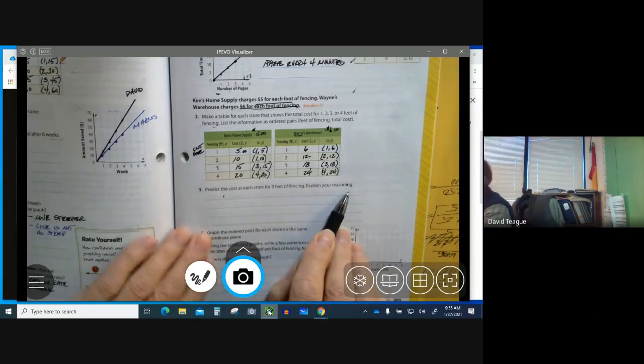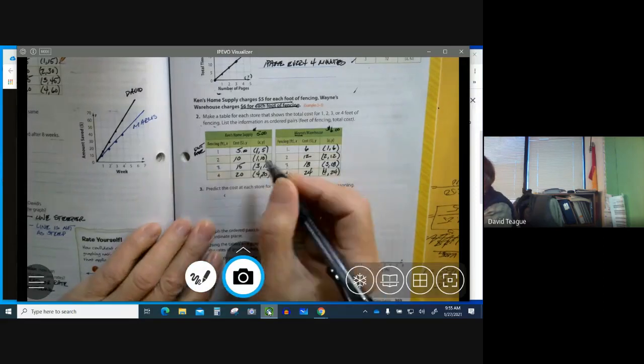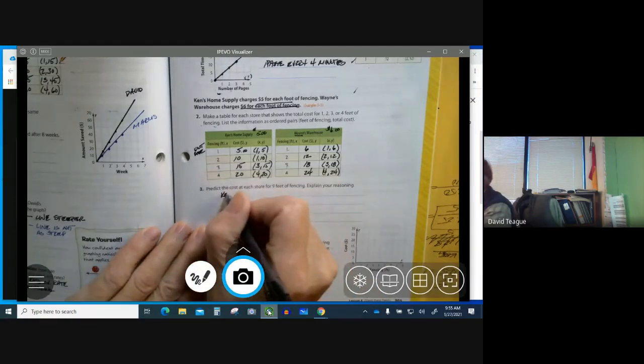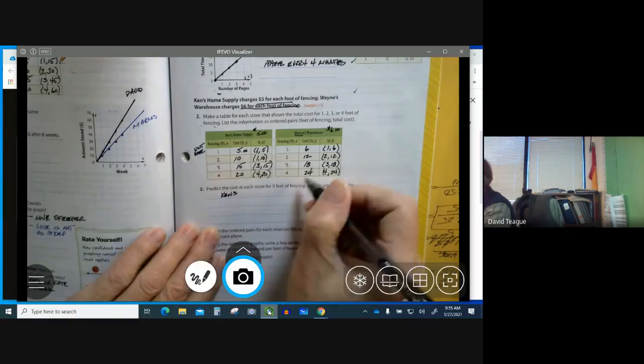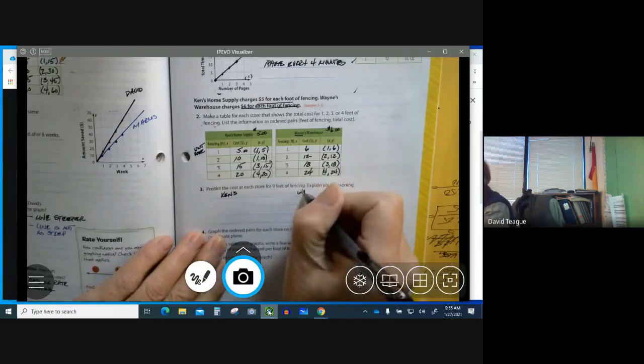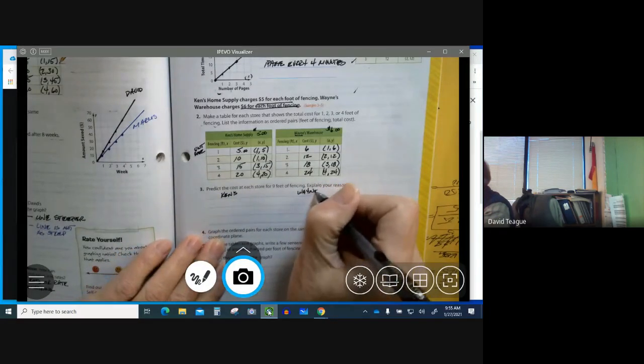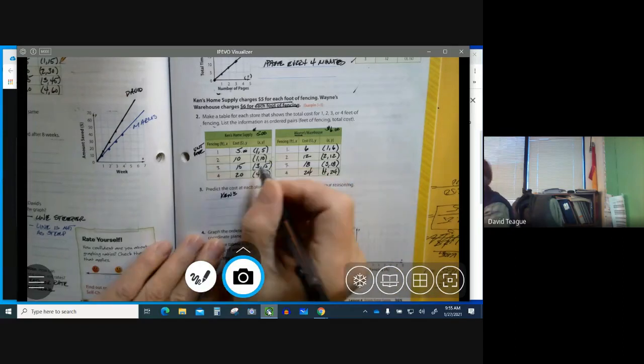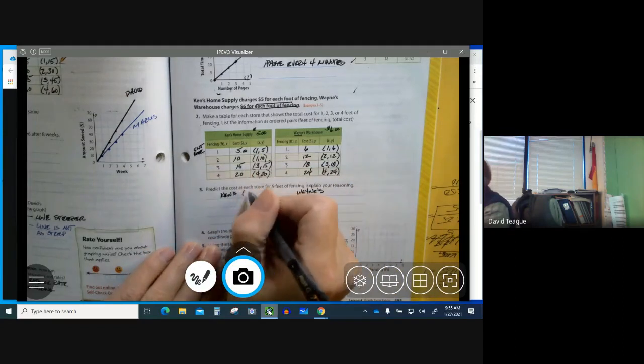Okay. Next question. Predict the cost at each store for 9 feet of fencing. Explain your reasoning. Okay. So we have Ken's, and we have Wayne's. And we know that at Ken's, his unit rate, his cost was $5 for every foot.